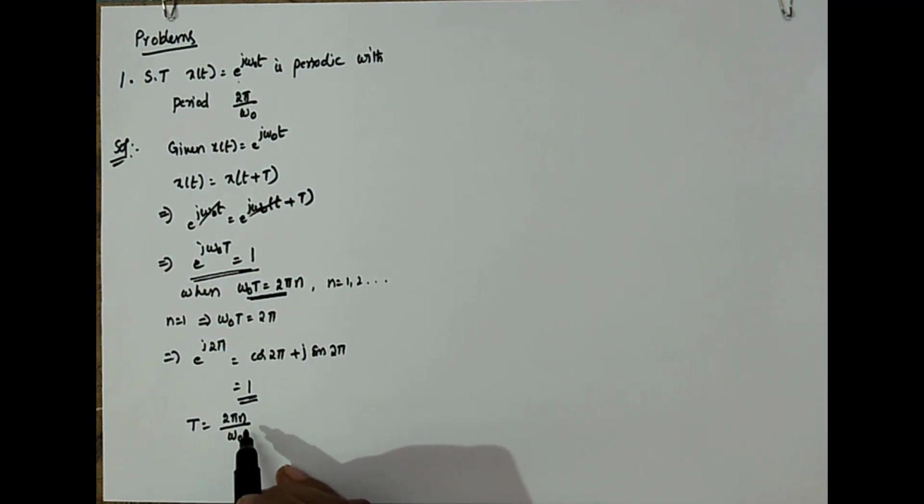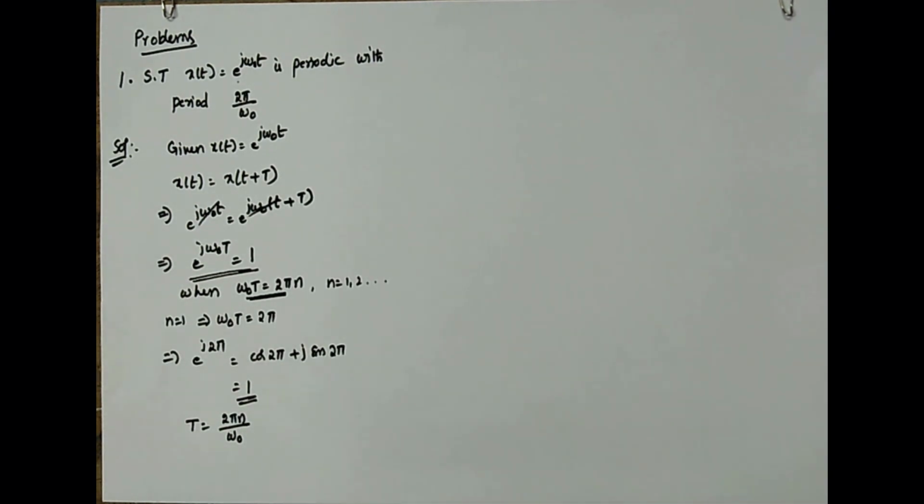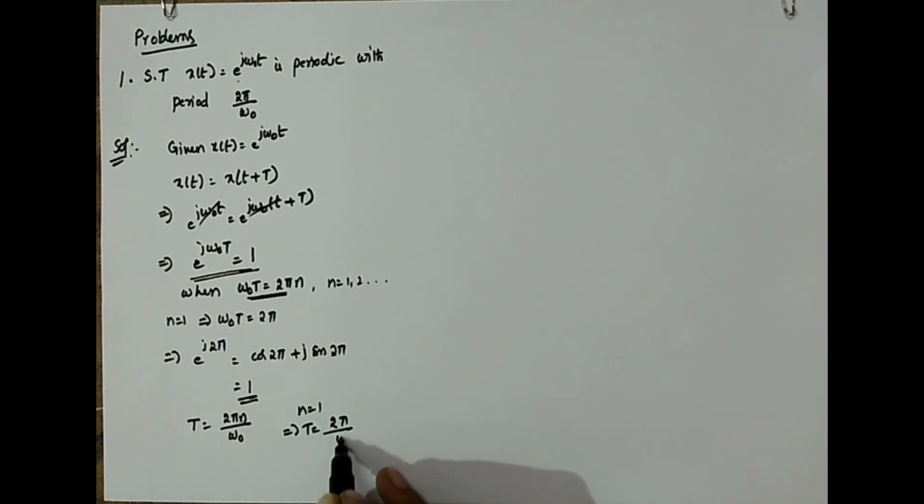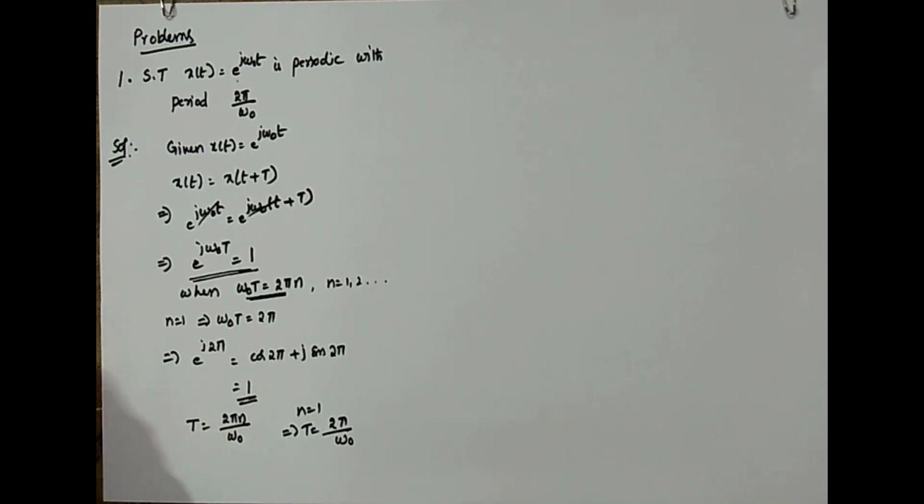So if n equal to 1, the given signal is periodic. Even if n is 2, 3, 4 also, the given signal is periodic. What is the minimum period? You will get the minimum period when n equal to 1, which implies T equal to 2 pi by omega naught. So at regular intervals of T, your given complex exponential is said to be periodic.